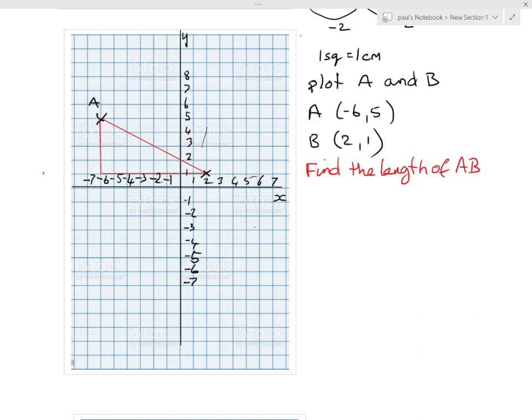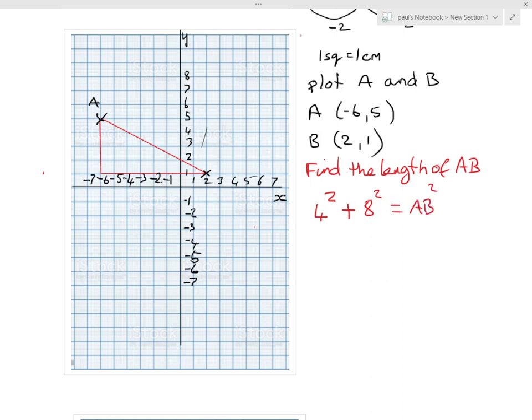So we know that AB is the hypotenuse. If we know the other two sides, we can square and add them together and work out what the hypotenuse is. This side is 1, 2, 3, 4. So it's 4 squared plus the bottom, 1, 2, 3, 4, 5, 6, 7, 8, 8 squared, will equal AB squared.